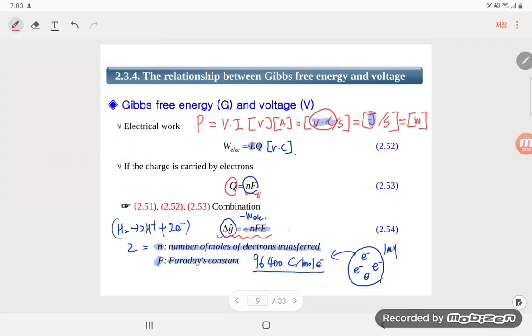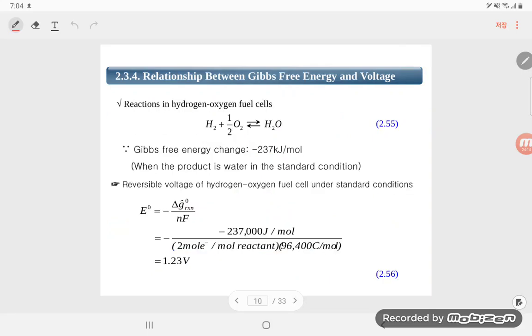Delta G equals minus nFE. And this is the reversible voltage. Okay, then if you find the table in the appendix in the textbook, we can find the Gibbs free energy change of this reaction, the hydrogen oxygen fuel cell reaction.